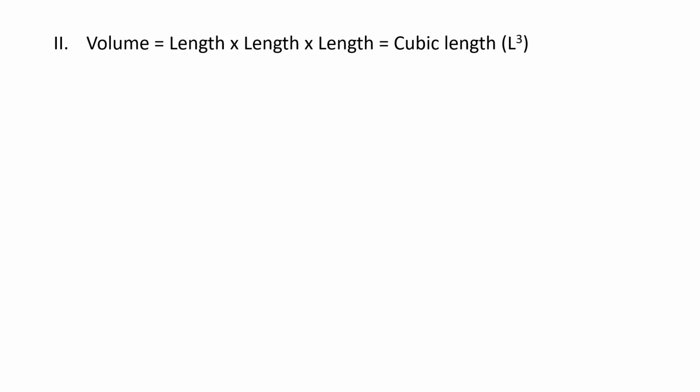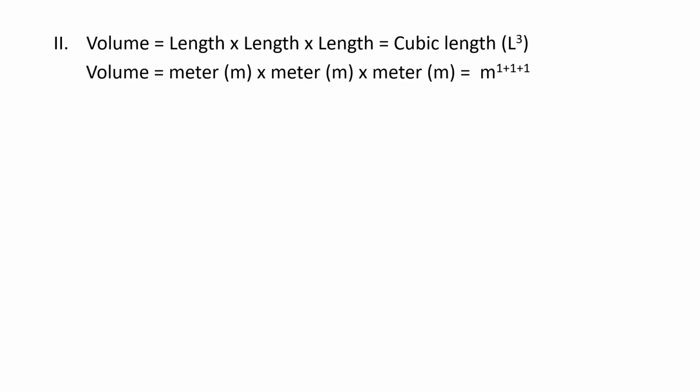We have also learned that the SI unit for length is meter. So in this case, the SI unit for volume will be meter times meter times meter. And we said let's use the symbol m for meter. Having a common base, we write one m to the power 1 plus 1 plus 1.